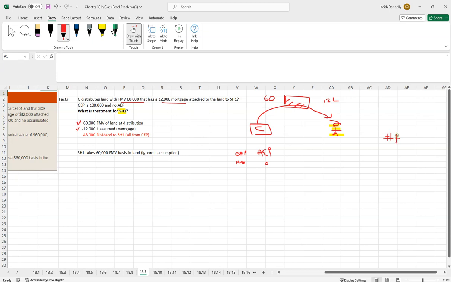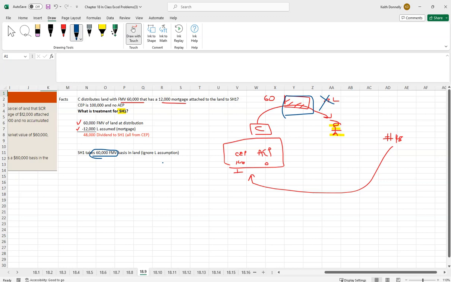Our number is 48. We have enough, it's basically positive, sort of neutral. All of that is going to be a dividend. I come up to you afterwards and I say, Mr. Shareholder, what is your basis in that land? It's going to be the fair market value. We ignore the liability as a general rule for the basis.